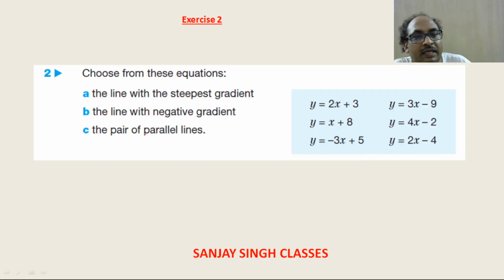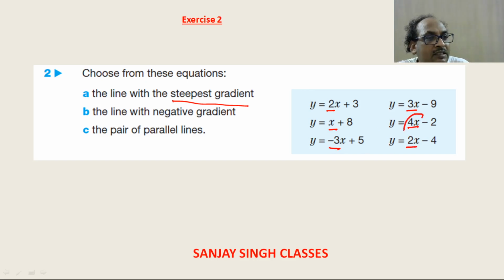In the same way, here question number 2 is there. We need to choose, as I told earlier, the more the gradient, the steeper the line. So the line with the steepest gradient. Here the gradient is 2, here 1, here minus 3, here 3, here 4, here 2.